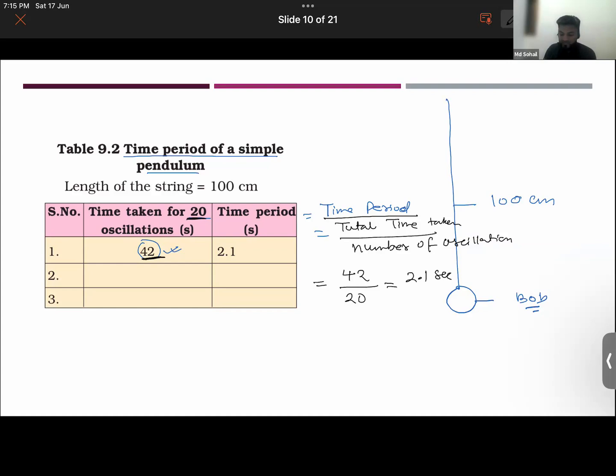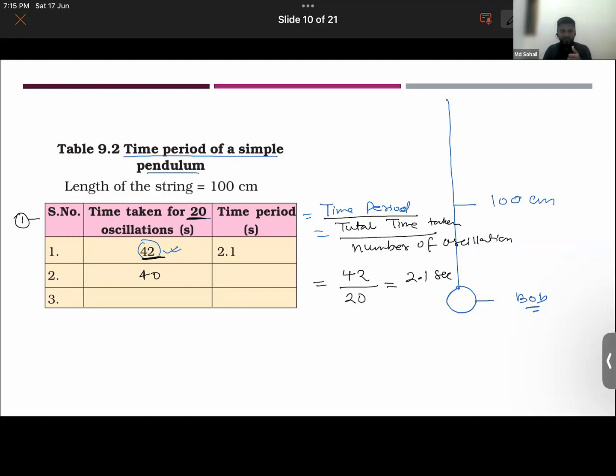Let's say for 20 oscillations, this was your first reading. Let's say you are performing an experiment in the lab, and for 20 oscillations you find out that it took 42 seconds. Now, let's say I performed another experiment with the same pendulum. I let it oscillate 20 times and calculated the time taken.